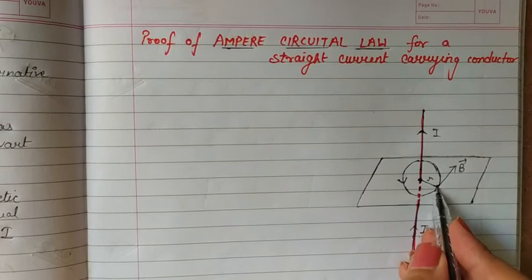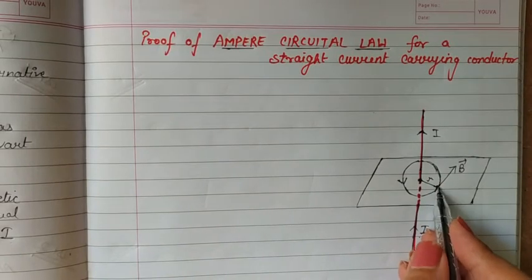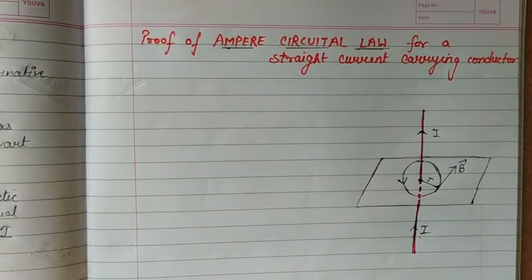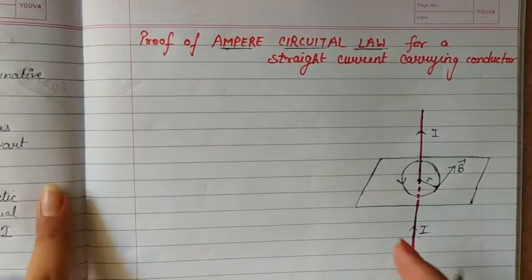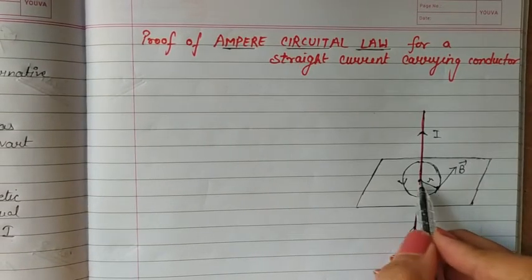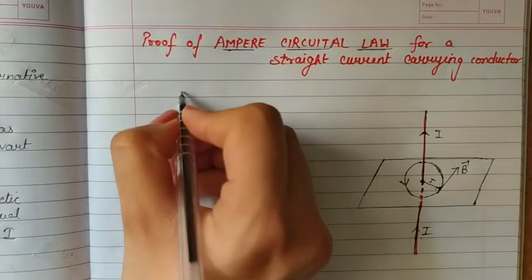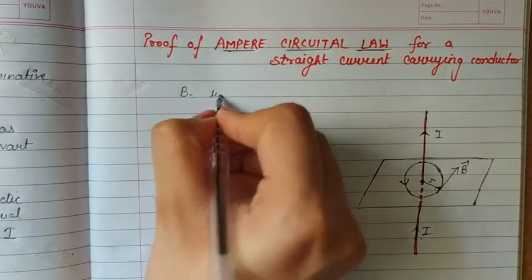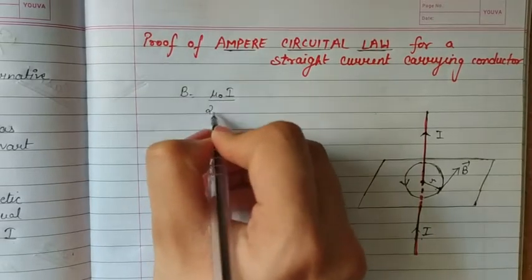According to Biot-Savart Law, this magnetic field at a distance r from this conductor is given as B is equal to mu naught I upon 2 pi r.